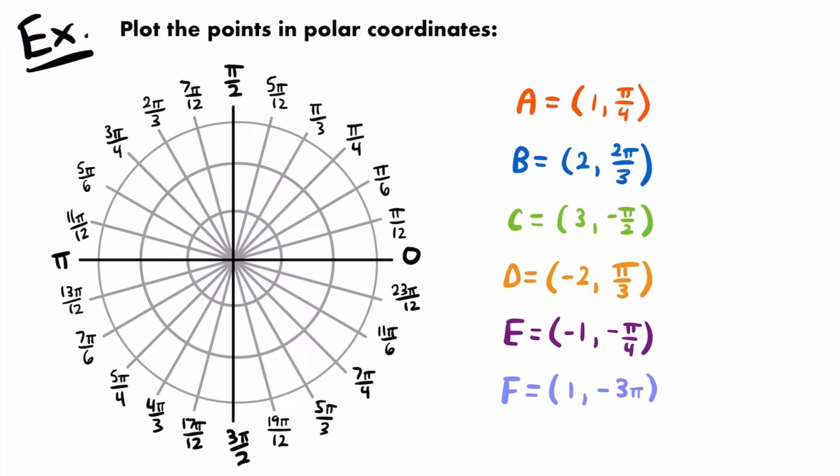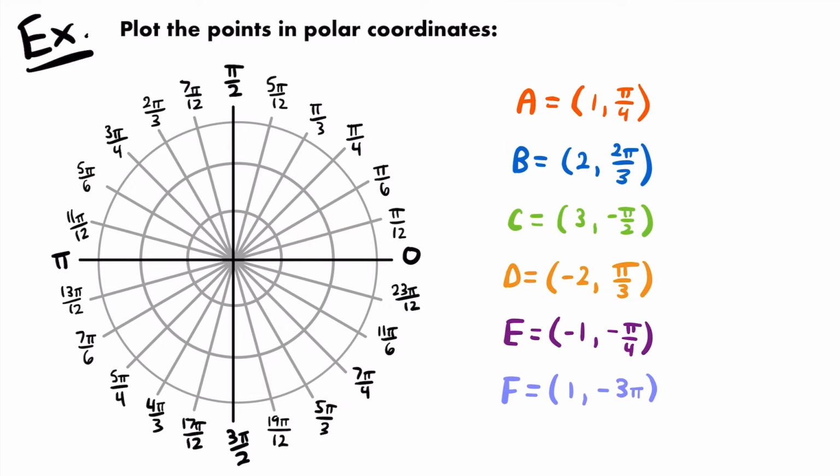So what we want to do is start at our polar axis on the right side, and we're going to measure our angle first. So our angle is pi divided by 4. So if we start here, that's going to take us to this line right here, halfway in between 0 and pi divided by 2. All right, so we know that we're going to be along this line where the angle is pi divided by 4. But then our radius is 1, which means our point will be along that first circle.